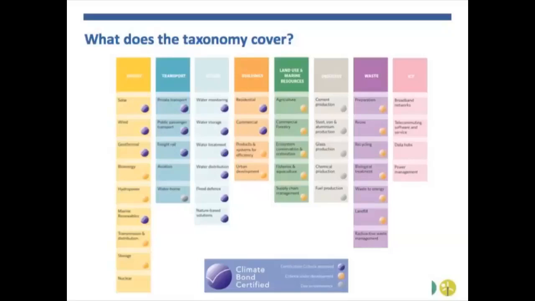So we've tried to be as encompassing as we can. In some areas, there's not clear eligibility criteria, but there's a plan to be adding in eligibility criteria. But in most areas, there's guidance on what we see can be included in green financing.